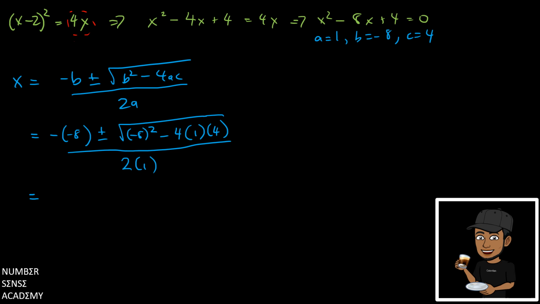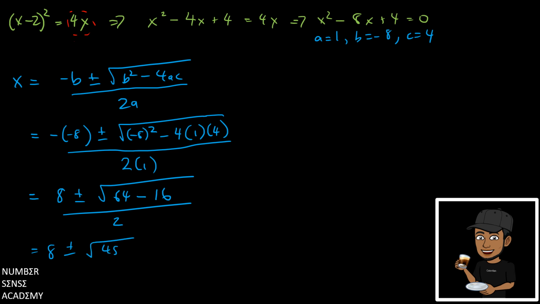Then I'm going to simplify. I get 8 plus or minus the square root of 64 minus 16 over 2, which becomes 8 plus or minus the square root of 48 over 2.